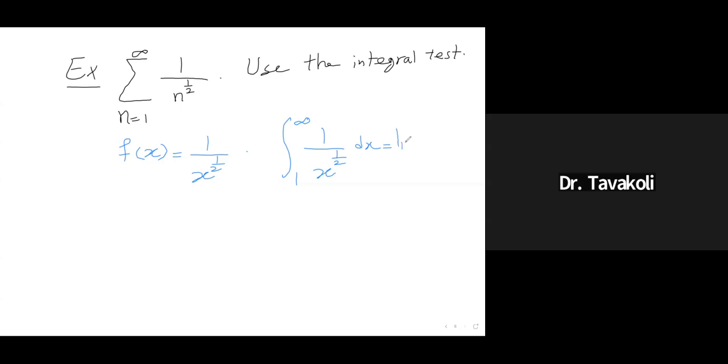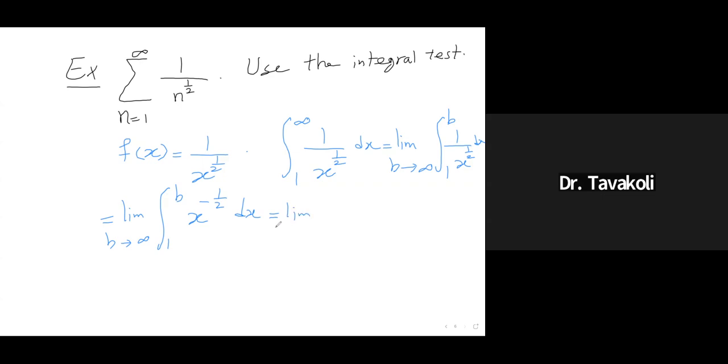The way that we deal with this is we'll find the limit as b tends to infinity of the integral from 1 to b of 1 over x to the power of 1 half dx. 1 over x to the power of 1 half is like x to minus 1 half. So if I move x to 1 half from the denominator to the top, it becomes x to minus 1 half.